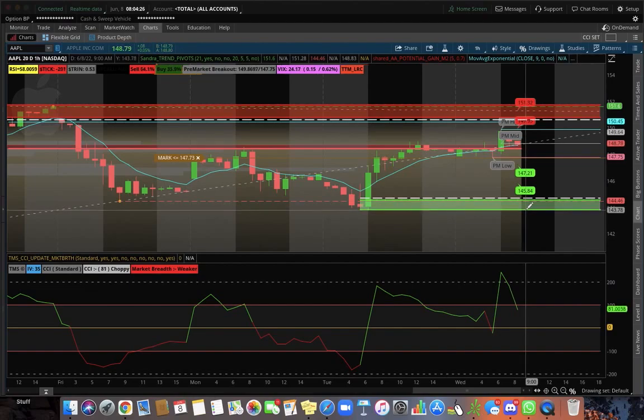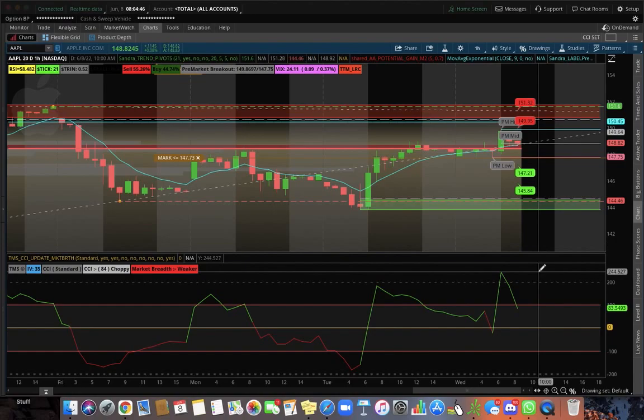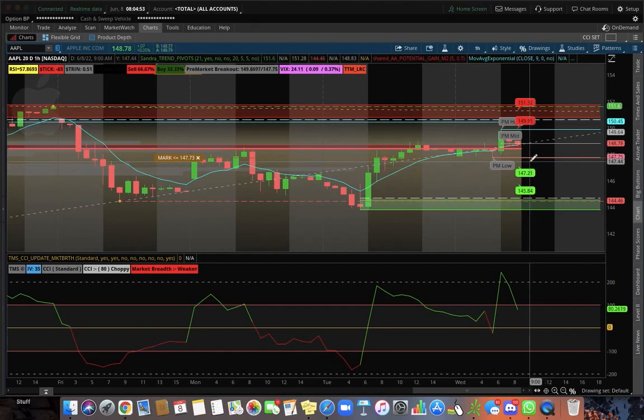The wider the butterfly wings, the more expensive it is to create. But you could do a $2, $3 wing as an example. So it could be a 140, a 143, and then a 147.